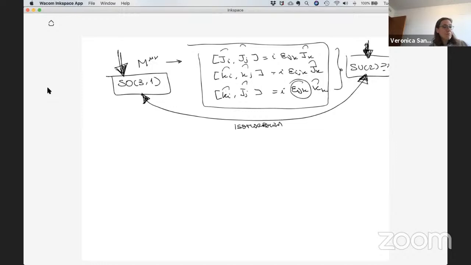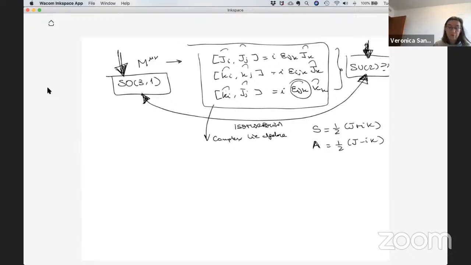So what we need to do is simply a change of coordinates. What we do is write what is called a complex Lie algebra, where we define S and A, new generators that are linear combinations of the original ones, of rotations and boosts. So there are of course indices.